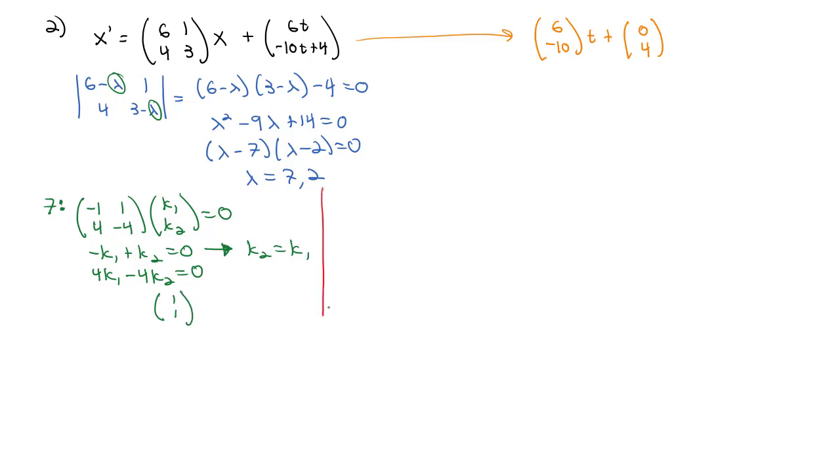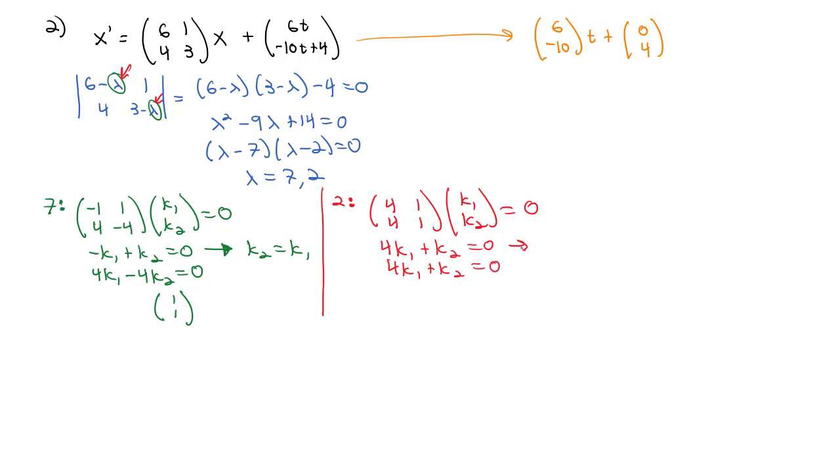When we plug the eigenvalue of 2 into lambda, it gives us 6 minus 2 is 4, 1, 4, and 3 minus 2 is 1, times our k1, k2 needs to equal the 0 vector. So we have 4k1 plus k2 equals 0, and the second equation is identical. So we solve quickly by subtracting 4k1 from both sides to get k2 equals negative 4k1.